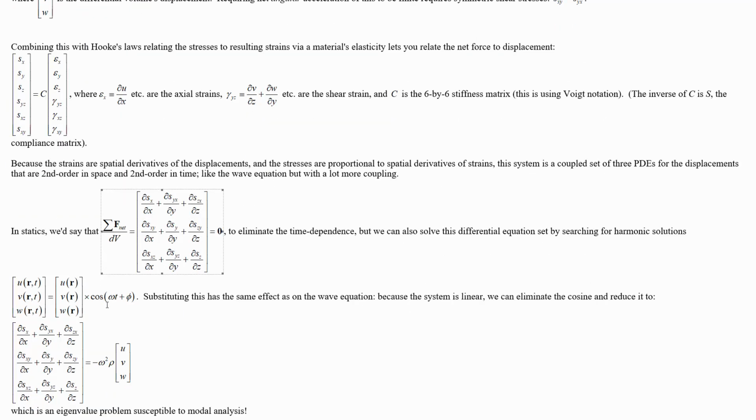Instead of that, if we substitute in that the displacement as a function of position and time, so space and time, is some spatial dependence only multiplied by cos of (omega t plus phi), and substitute that, then the second derivative of this gives us negative the same thing.